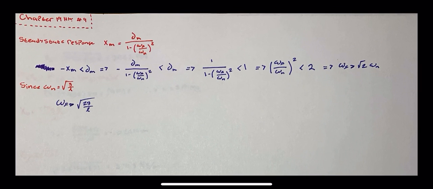Eventually we'll get omega f is greater than the square root of 2 omega n. And we know that omega n is equal to the square root of g over L. So we can combine that into the equation and get omega f is greater than the square root of 2g over L.